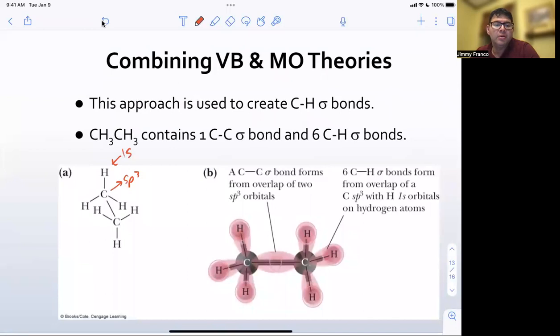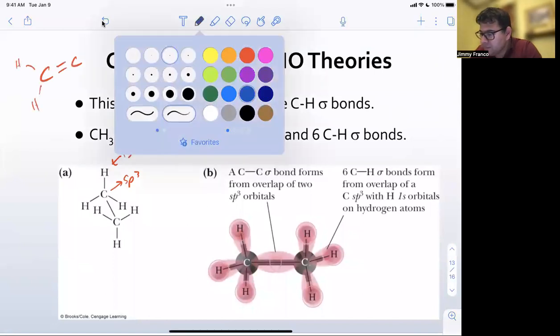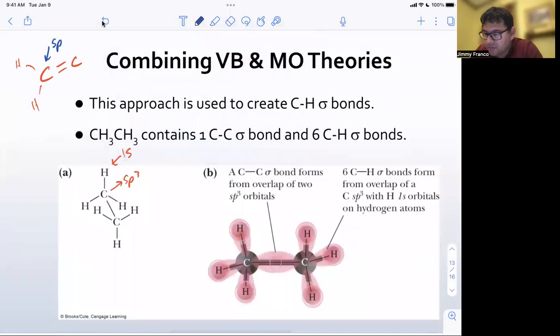Right? So if it's attached to a double bond, then it's sp2. And if it's a triple bond, it's sp. So the best way to think about it is if you have 4 atoms or lone pairs, you're going to be sp3.